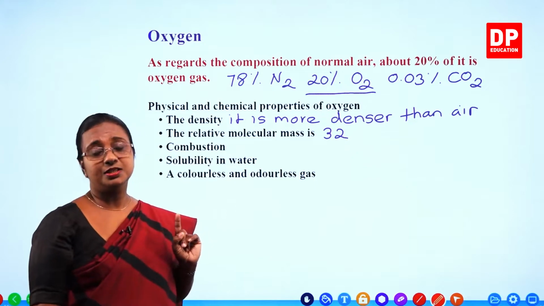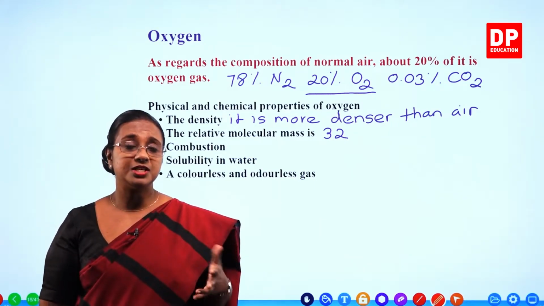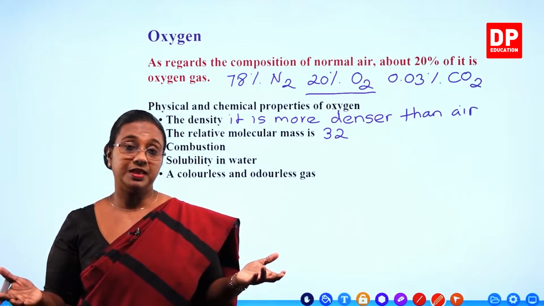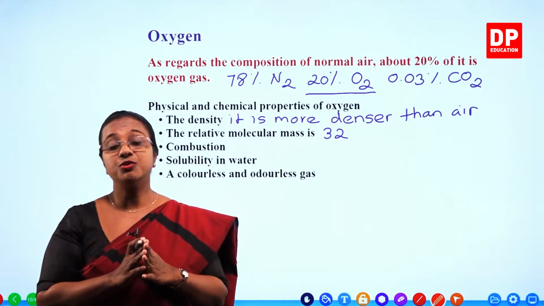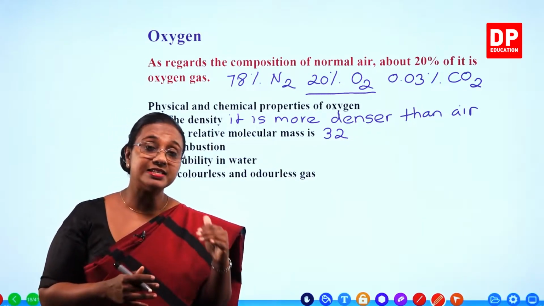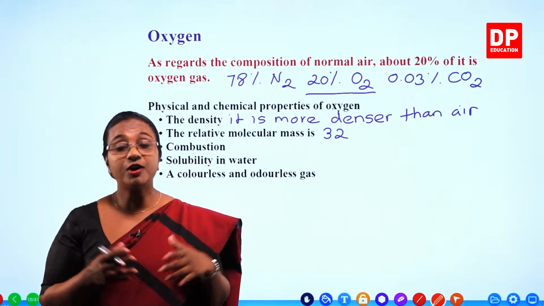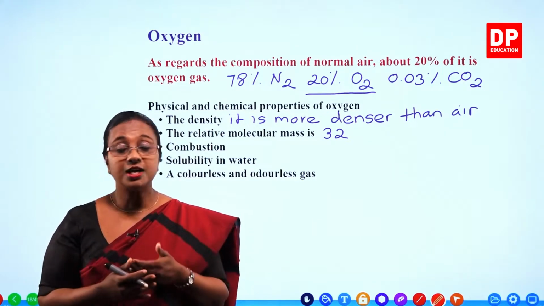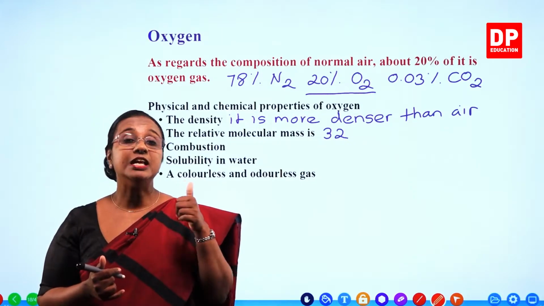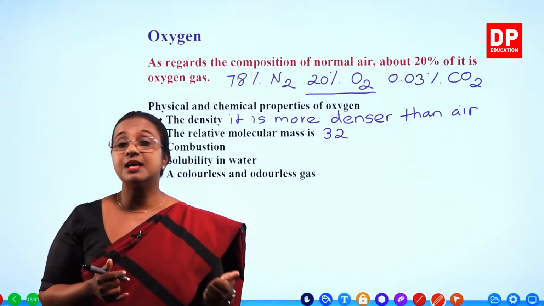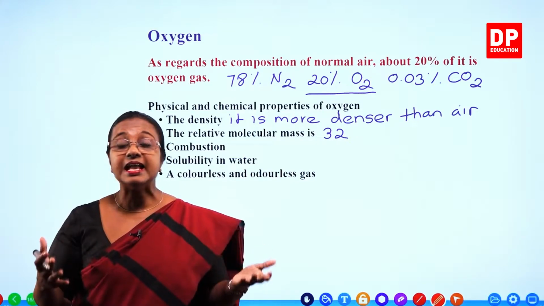Then combustion. If we consider combustion, combustion is burning of something. So for combustion to occur, certain factors are needed. What are those? One thing, we need to have a combustible substance, anything that can burn.